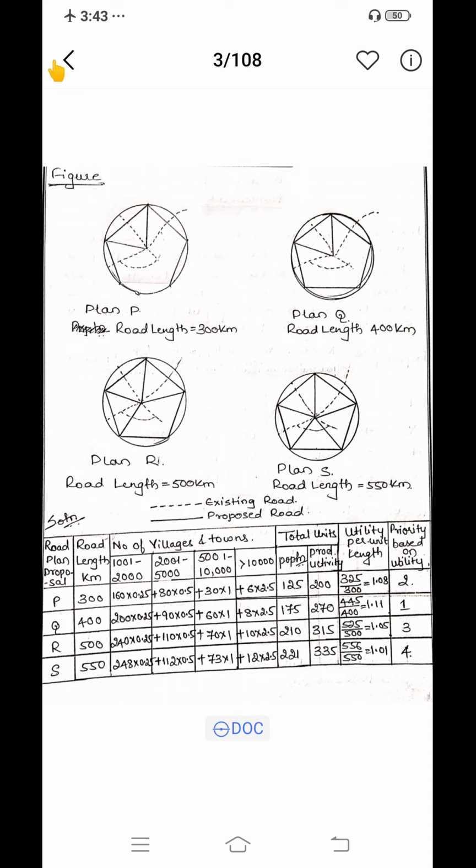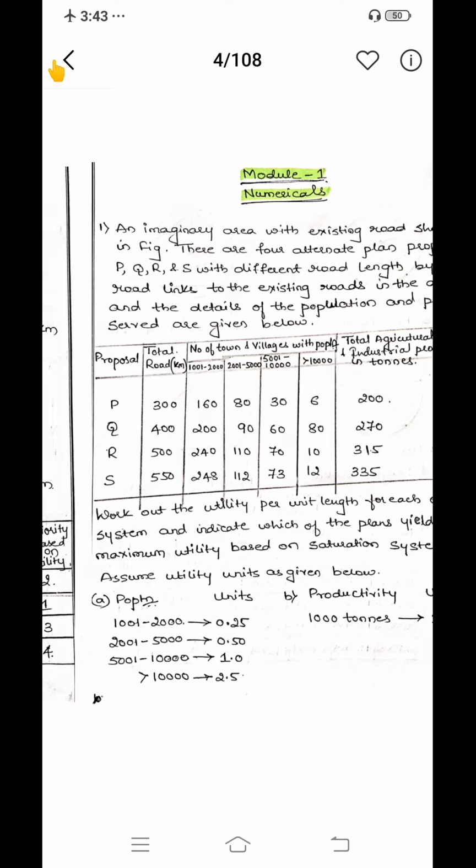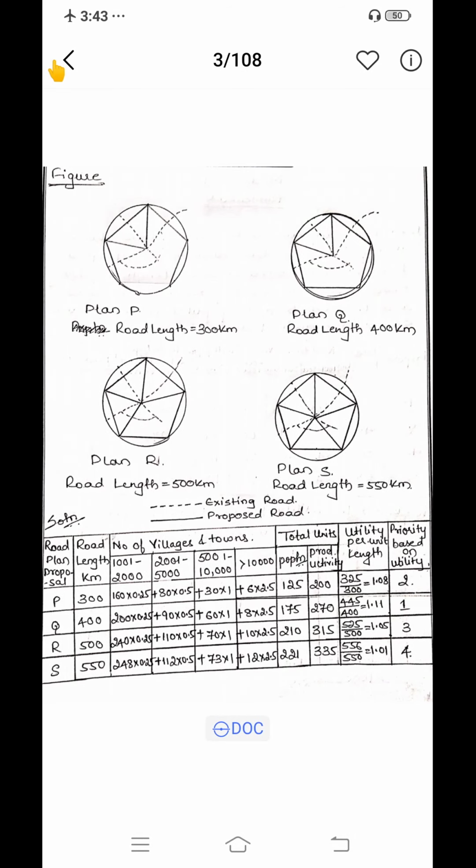Multiply and add: from the population it is 175, and the agricultural and industrial product in tons is 270, so 270 into 1 is 270 itself. The total utility is 175 plus 270, which is 445. Correct. The utility per unit length is 445 divided by the length of proposal Q, which is 400.